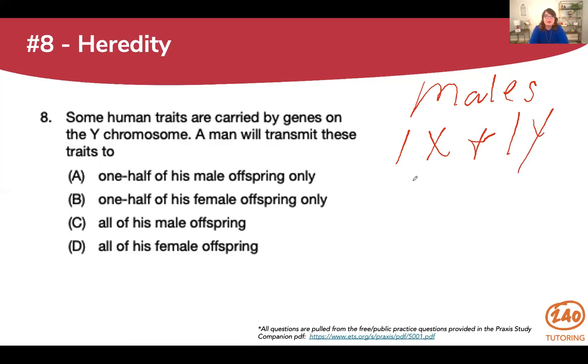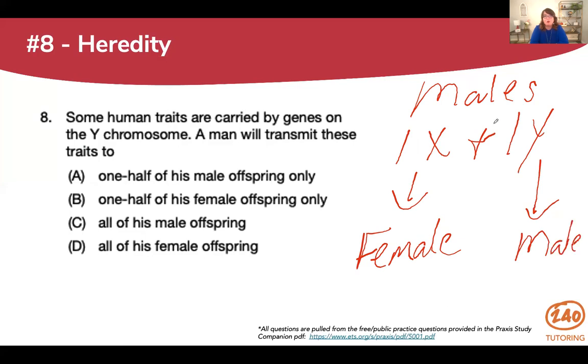The X is passed to their female offspring, and the Y is only passed to the male offspring. So the males will pass their X chromosome to their female offspring and their Y chromosome to their male offspring. So if we look at this, the correct answer is C. Some human traits are carried by genes on the Y chromosome.